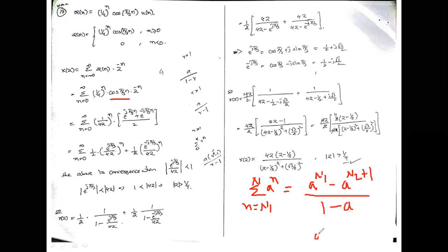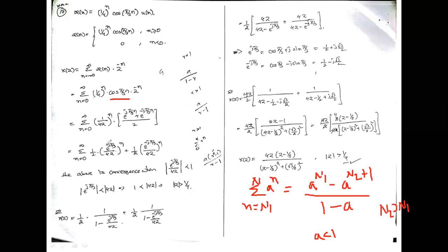What is the a here? a is less than 1, it's a condition, for n2 greater than n1. Got it, my students? Here |e^(jπ/3)/(4z)| is less than 1, and |e^(-jπ/3)/(4z)| is less than 1.